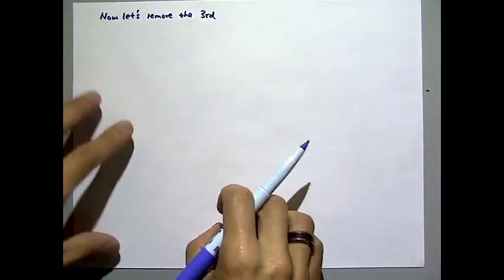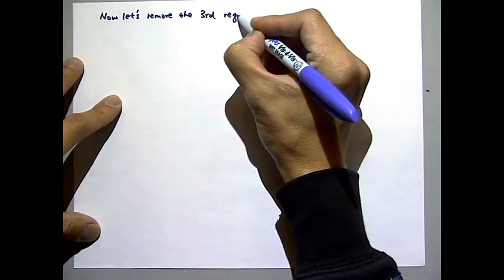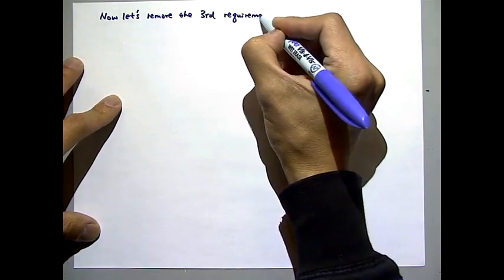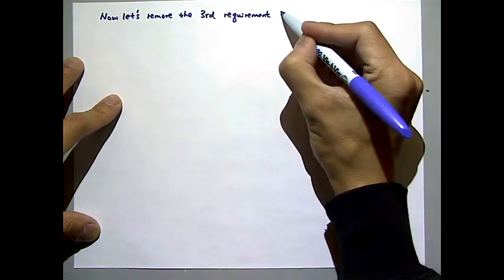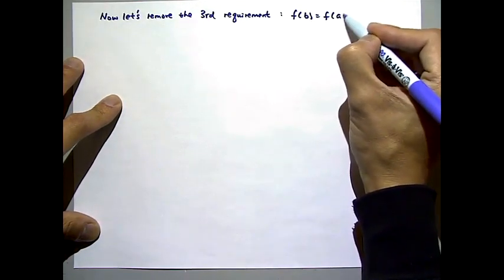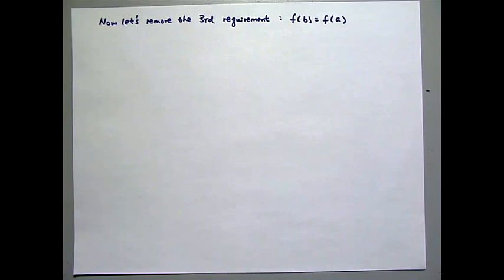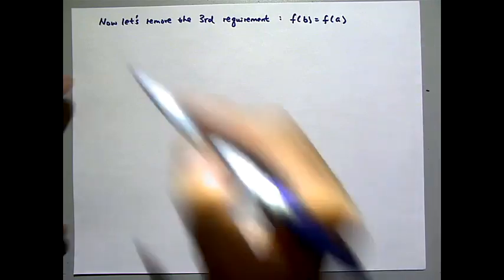The only thing different between the two is that we're going to remove the third requirement. We still require the function to be continuous and differentiable from a to b, the same first and second requirements. But the third one we'll remove. We no longer require that.